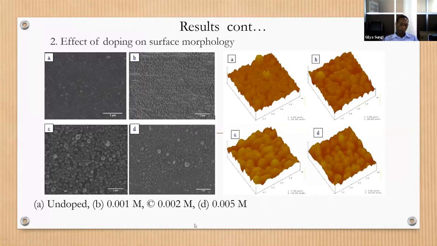The film prepared with this concentration had a large grain size, and on the AFM characterization, we also observed similar behavior, that the grain size increased with the gallium concentration. However, beyond 0.002 molarity of gallium, grain sizes decreased, which showed that there was a deterioration of the crystal quality beyond this concentration.